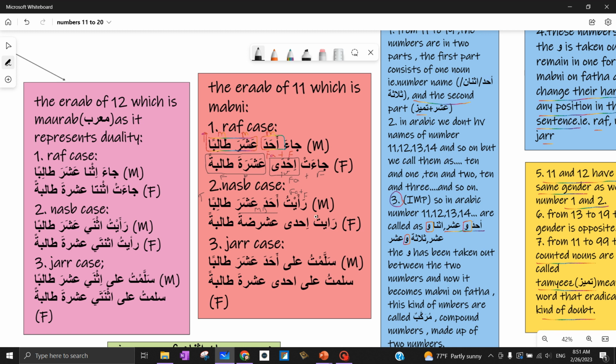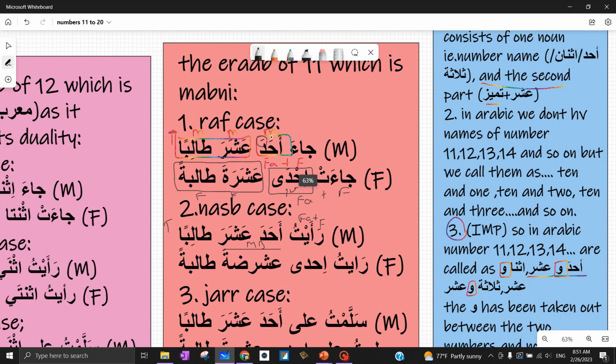So let's see, this is for male. رأيت أحد عشر طالبا. What do you see in the rafa case? In the rafa case, the fa'il should have a dhamma here, but no. As we discussed before, it's now mabni on fatha.